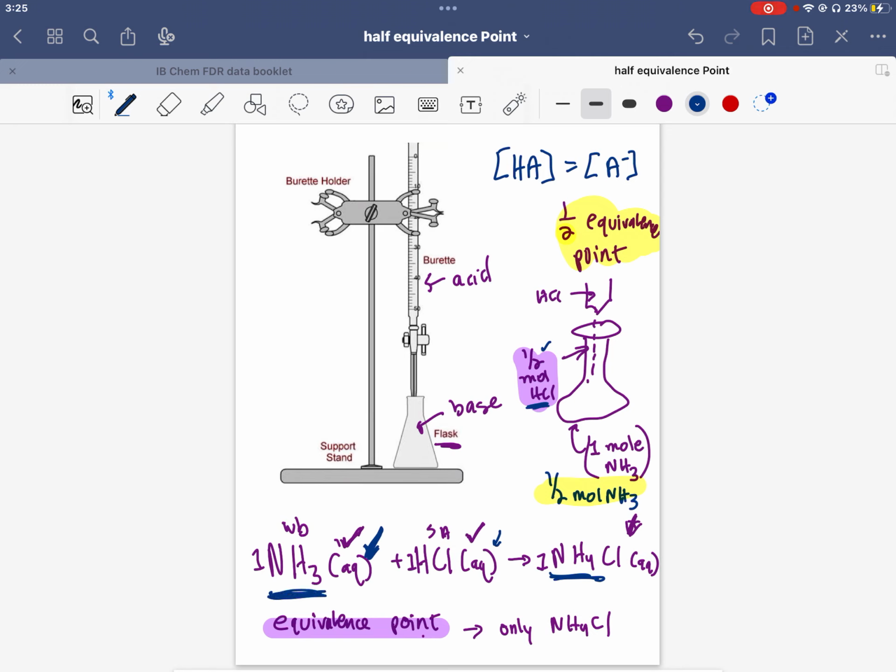It's just that it takes a little bit longer for the NH3 to react than if it were a strong base, something like NaOH, where all of these would immediately dissociate and the OHs would be super available to react. So even though it's a weak base, all of the NH3 will react with all of the HCl at the equivalence point. At half of the equivalence point, the concentration of acid will be equal to the concentration of base, like we showed here.